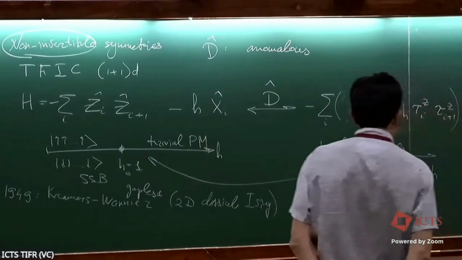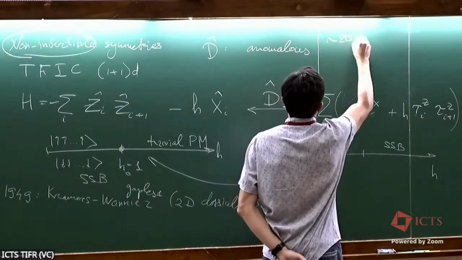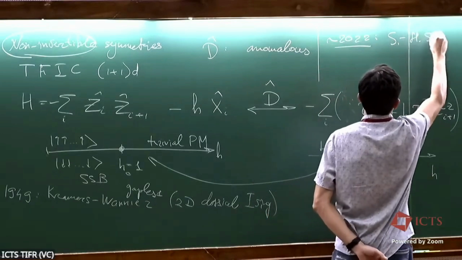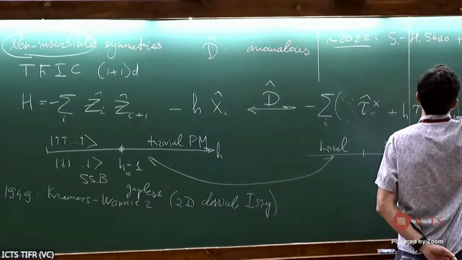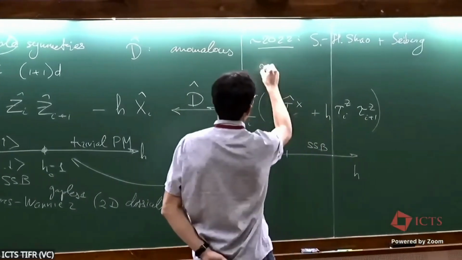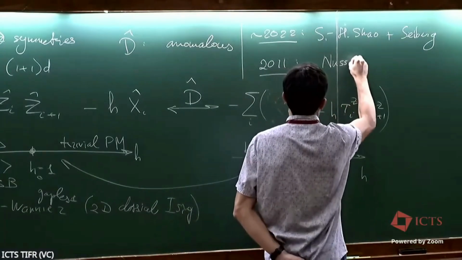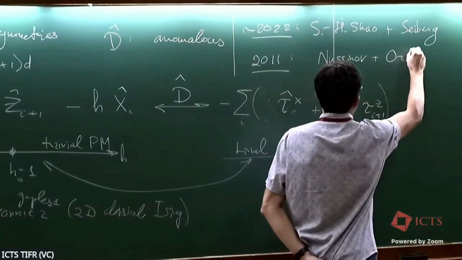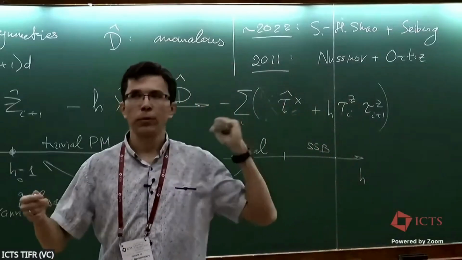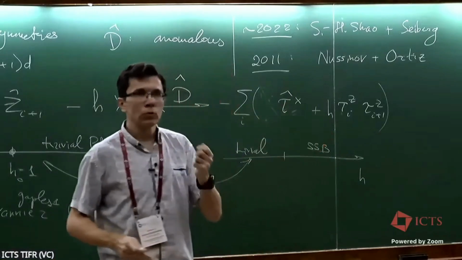The formal answer came up circa 2022 from the work by Shu-Heng Shao and Nathan Seiberg plus others. And I should point out that much before that, around 2011, there was a work by Mussardo and Ortiz, who also pointed out that if you have closed boundary conditions, by closed I mean periodic or antiperiodic, there is no way to write down this duality as a unitary operator.